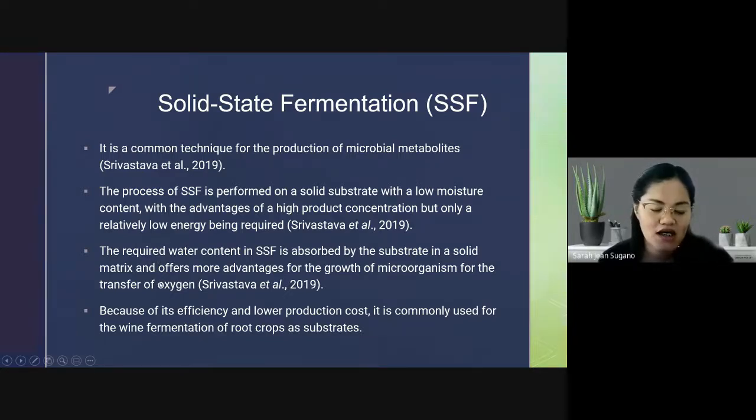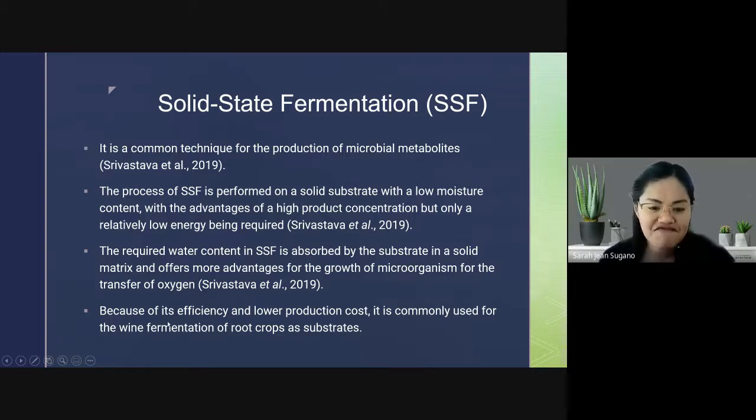In comparison with the submerged fermentation, the microorganisms are grown in a liquid media. It has water, it has many liquids that are mixed. The substrates are dissolved in the submerged fermentation. But here in the solid substrate, there is only a low moisture content.